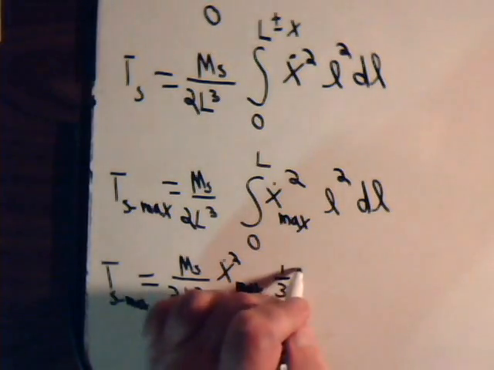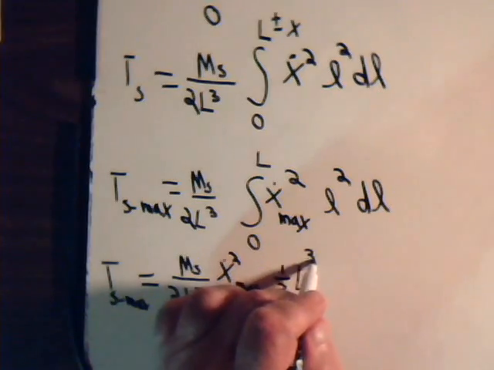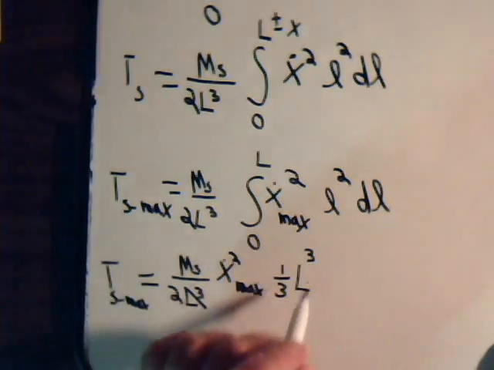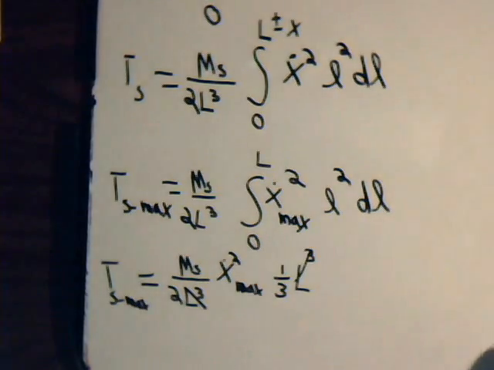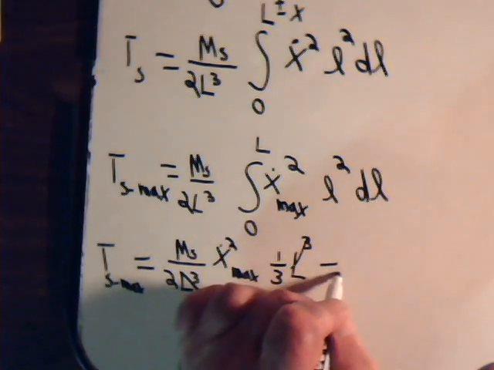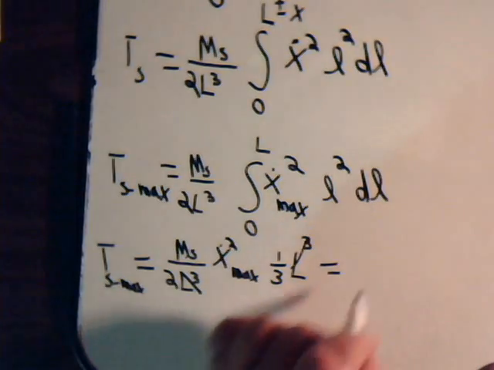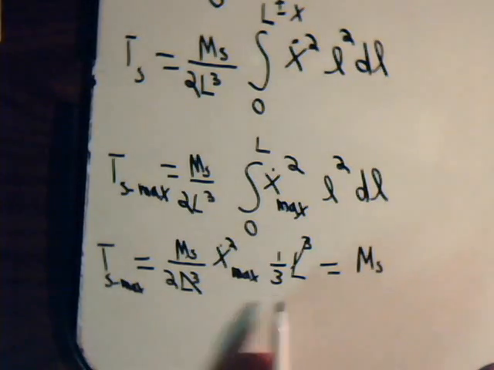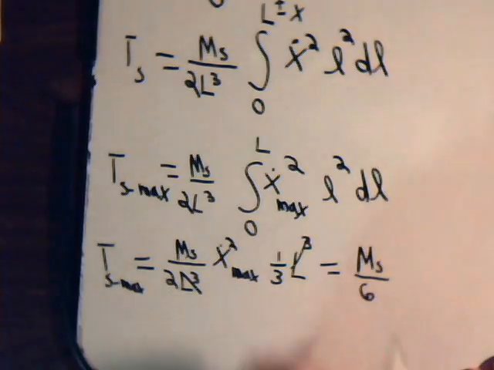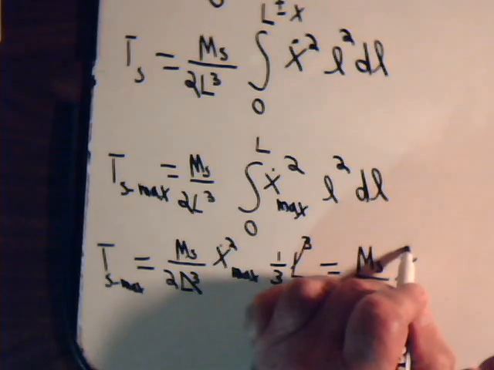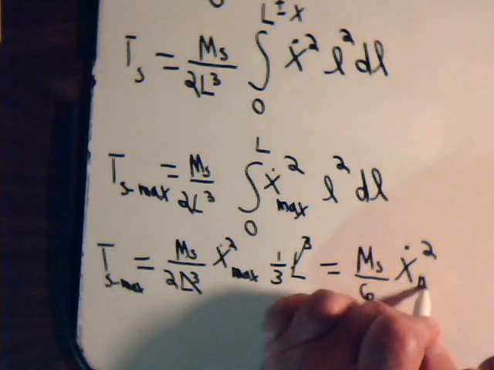One-third capital L cubed. So this cancels, this cancels. We have the maximum kinetic energy of the spring equals its mass divided by 3 times 2 is 6, times the maximum velocity squared of the block.